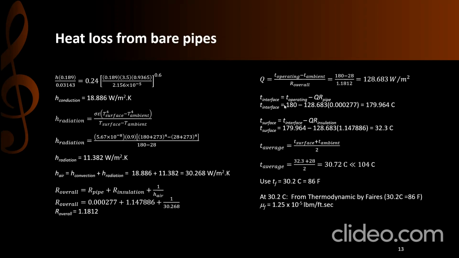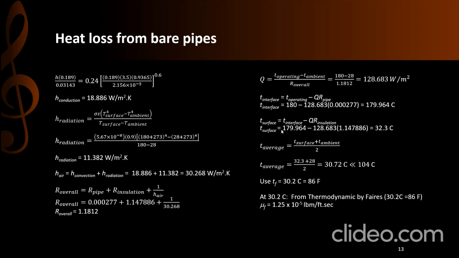So the interface temperature is T operating minus Q R5, is 180 minus 128.683 times 0.000277, R5 doon sa isang slide, is 179.964 degrees C. So ito na yung interface temperature.